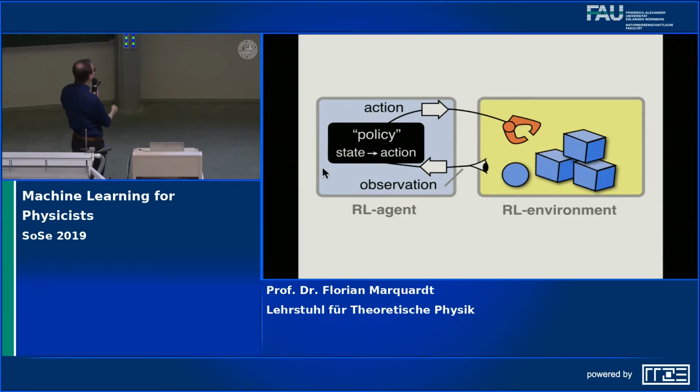But at least you have observed some state of the environment, and you want to map this into an action, into the action that you will perform next. And this mapping between the state that you observe and the action that you want to do, that is called a policy. So a policy is simply something like a strategy. And a good agent would have a good policy that is good for some purpose, and we have to discuss how you measure this.